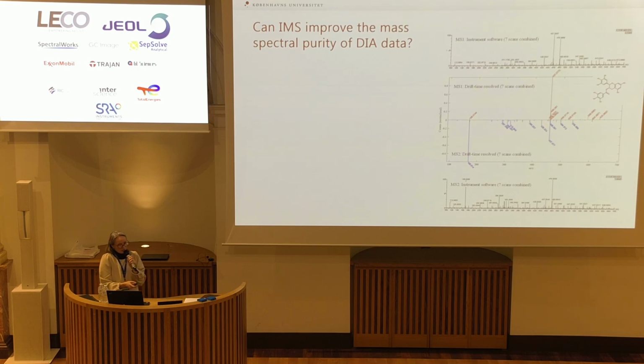And then we wanted to see what this cyclic IMS can do. And it's a super cool instrument, right? But the only thing you can do with the instrument software is extract spectra like this. So this is an MS1 scan from the instrument software, and this is an MS1 scan when we go into the data and pull out the arrival time resolved spectra.